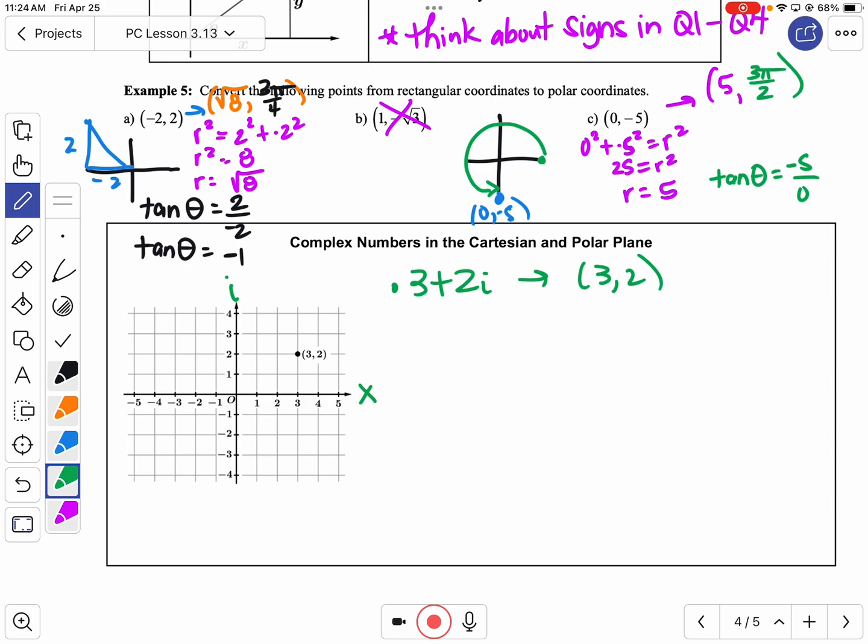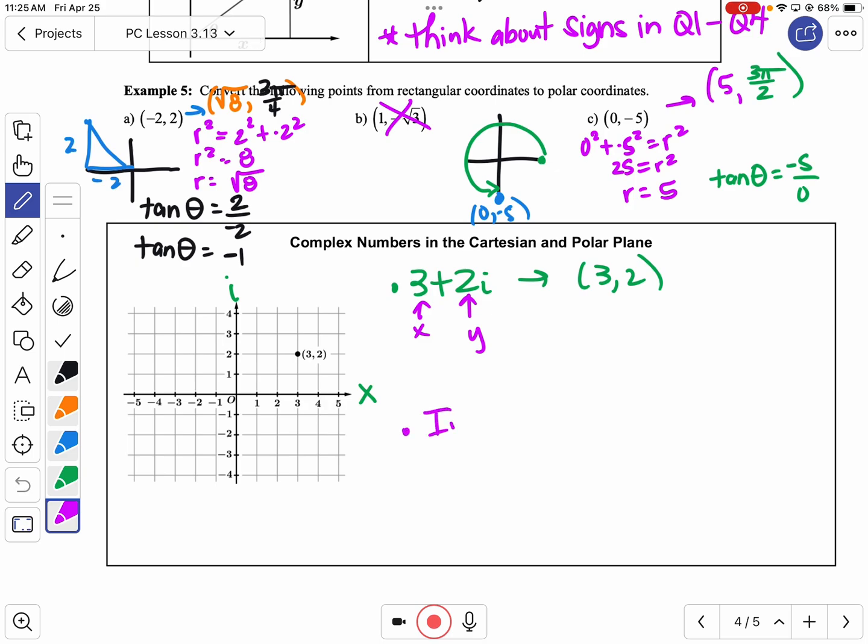You just have to relabel the axis. We treat the real number as x, we treat the coefficient of i as y. If you've never graphed on a complex plane, it's just a Cartesian plane, and instead of y, we use i. Weird, but it is what it is.